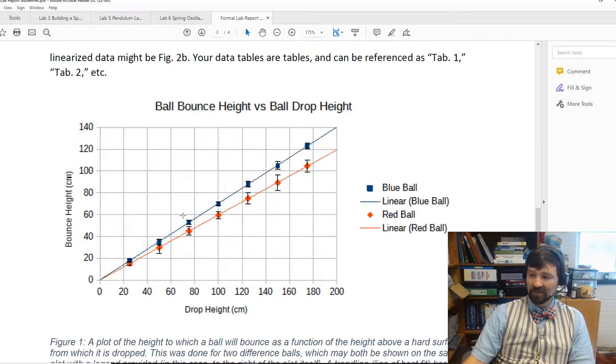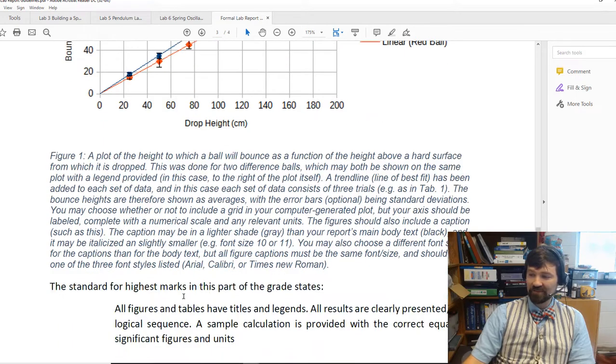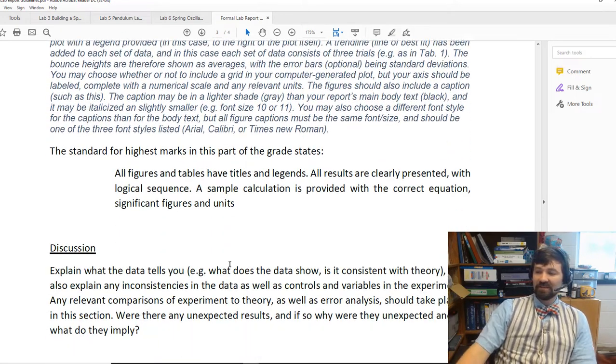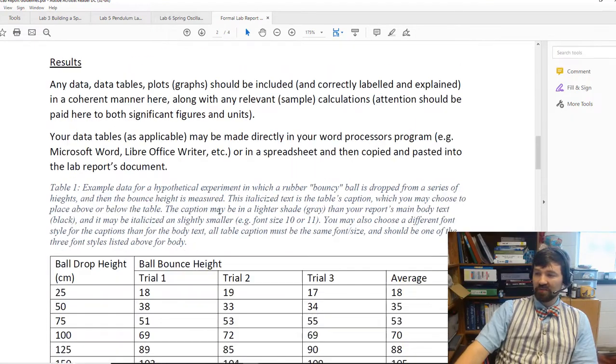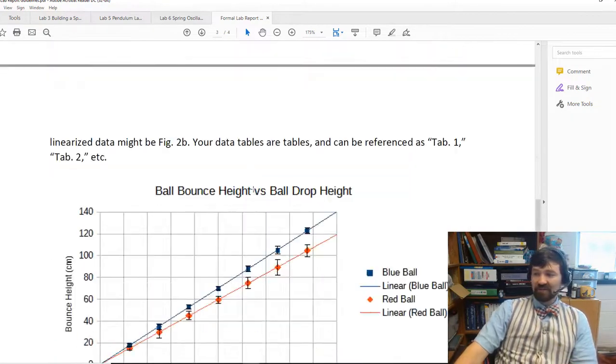I've given you an example of a graph with some caption for that. Basically, this section is your tables and your graphs.